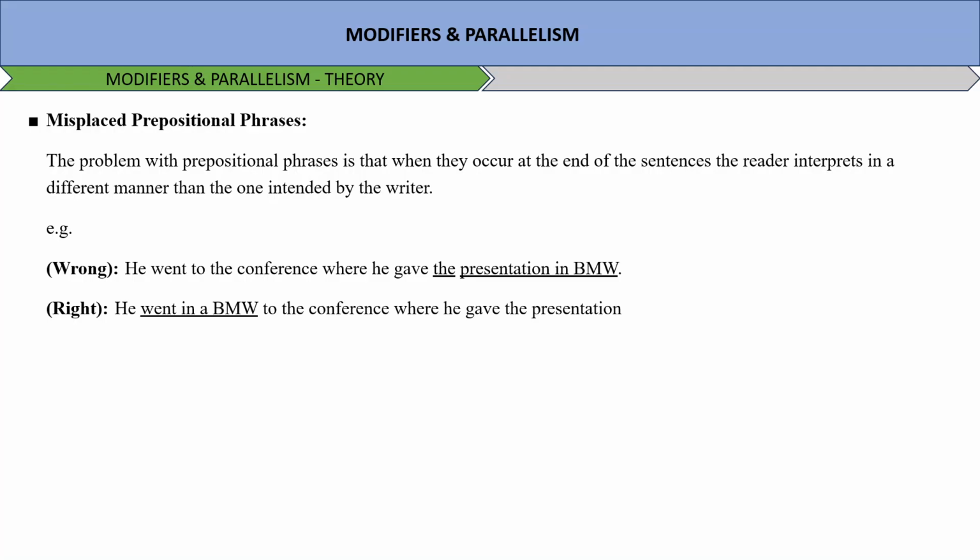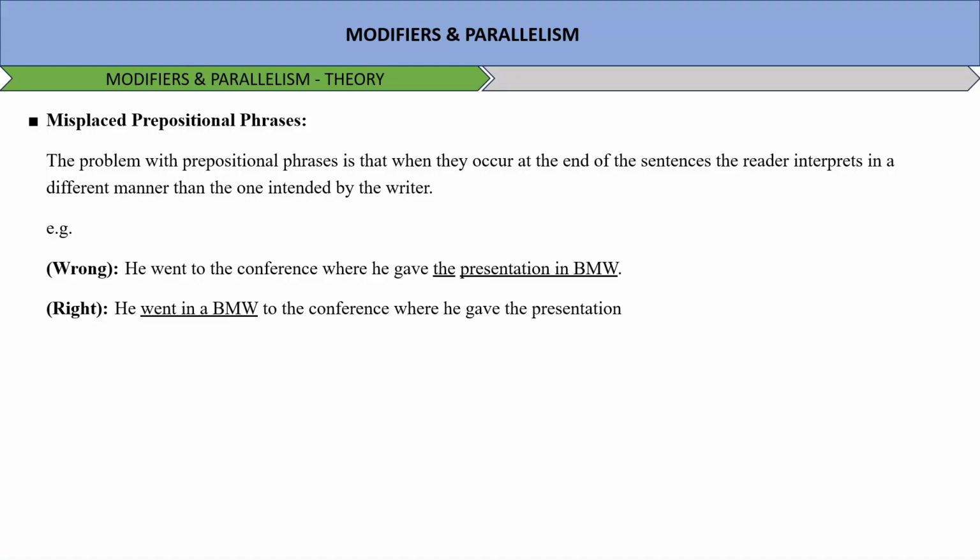Misplaced prepositional phrase. The problem with prepositional phrases is that when they occur at the end of sentences, the reader interprets them in a different manner than the one intended by the writer. For example, he went to the conference where he gave the presentation in BMW.